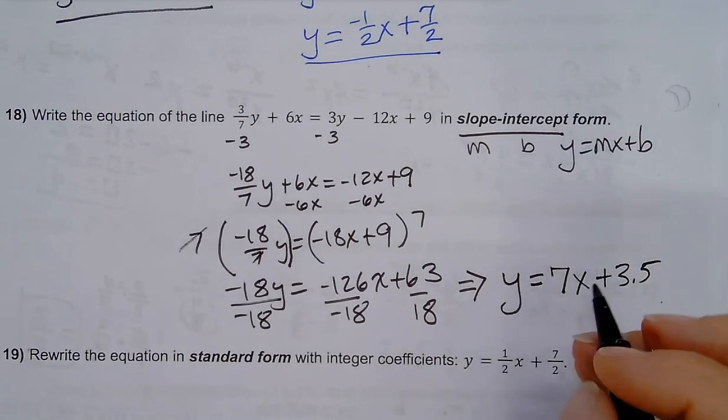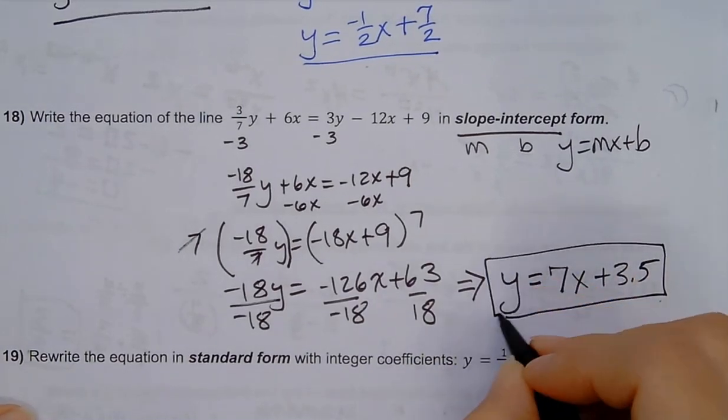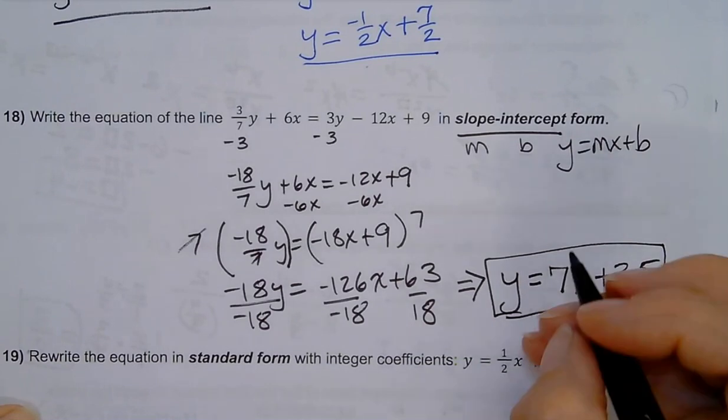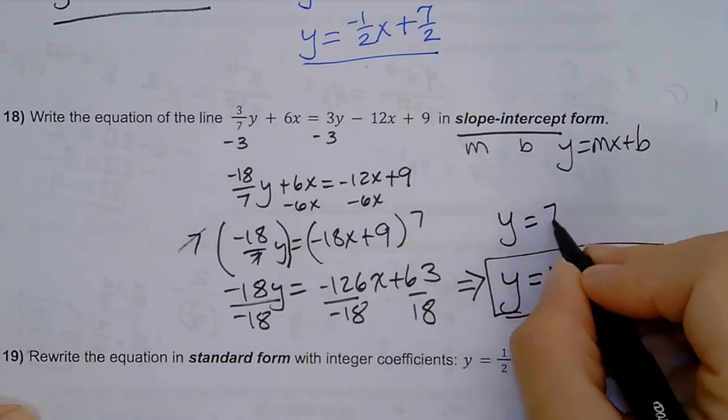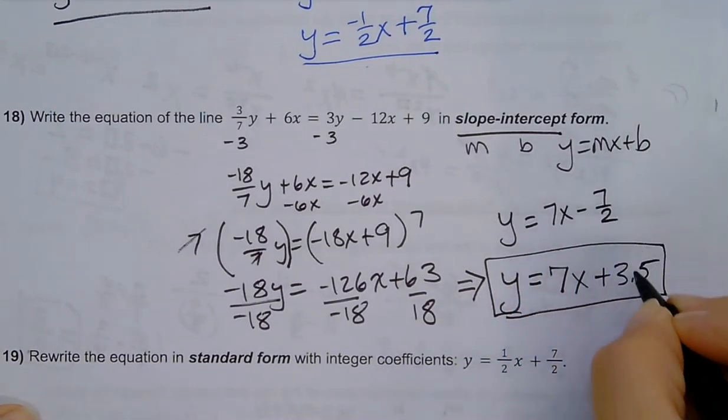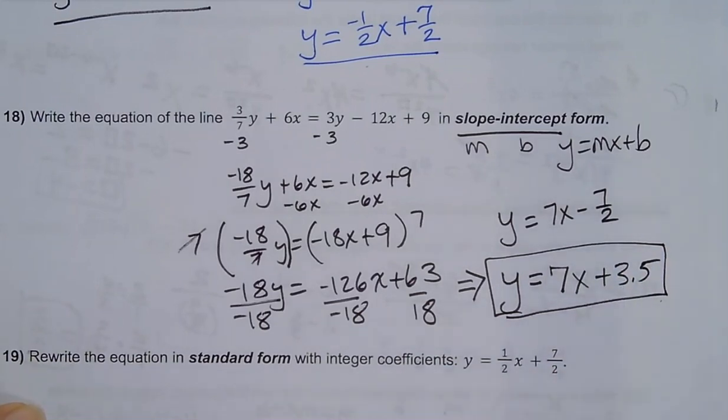Okay, it does want slope-intercept form, so you do have to have the y equals mx plus b format. You could also, again, say y equals 7x minus 7/2, because that's, sorry, am I minus 7/2 or am I plus 7/2? Let's check.